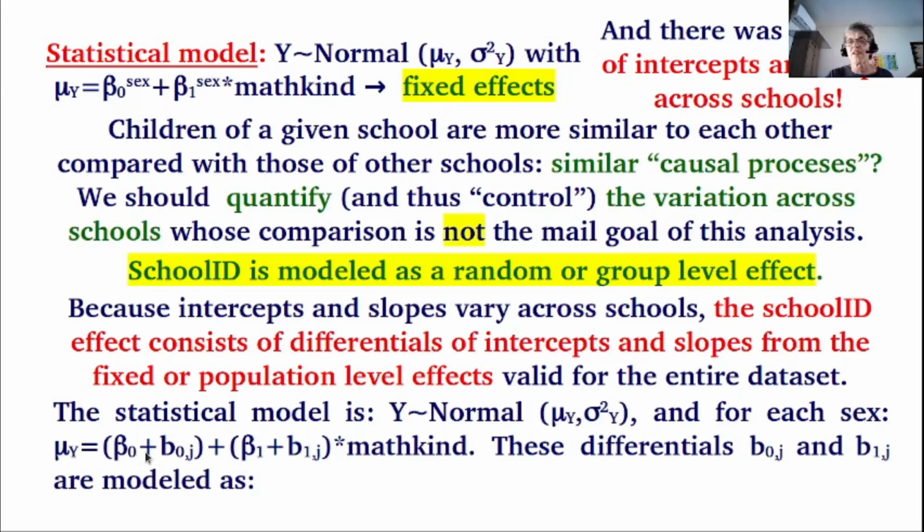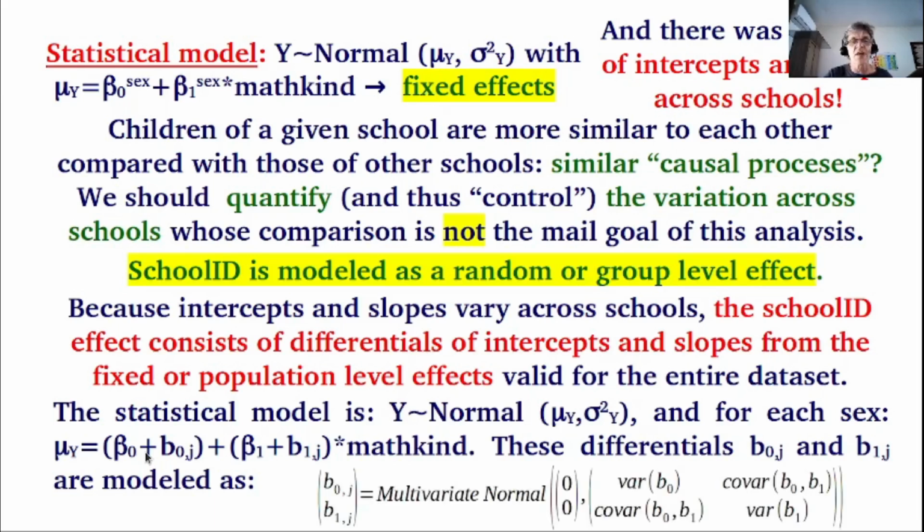So these differentials B0j and B1j are going to be modeled using a multivariate normal distribution with a mean of 0, telling us that on average the average school will correspond to the population level effect, and there will be a variation of these differentials.